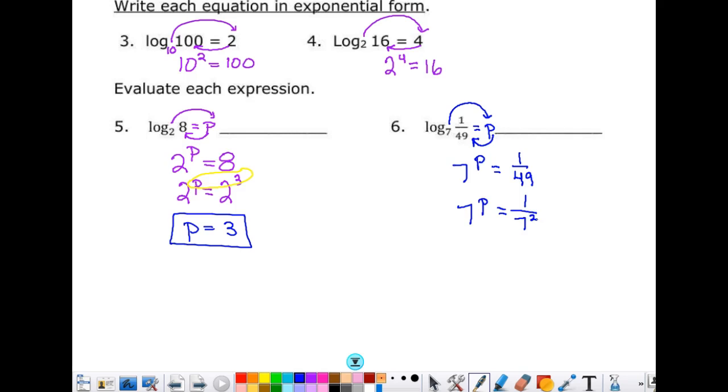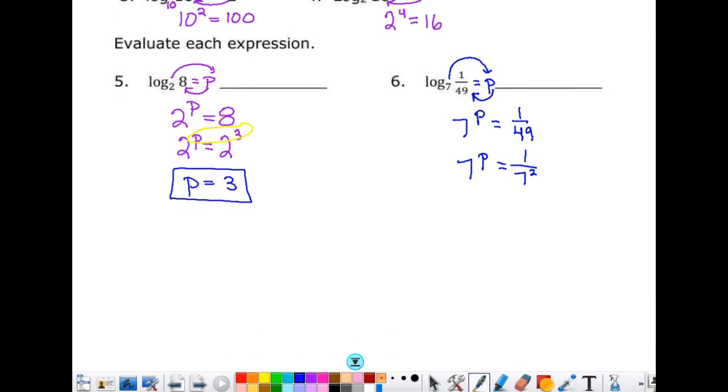We don't need a fraction. So we have to change this around a little bit. We need to move him up here so that he won't be a fraction anymore. And when we move exponents around, what do we do to them? We change their sign. If it's positive, we make it negative. If it's negative, we make it positive. This one is positive, so we're going to make him negative. I think a few of y'all were kind of struggling with that a little bit on the last test maybe. Now the bases are the same, so the exponents are the same, right? So we can say p equals -2.